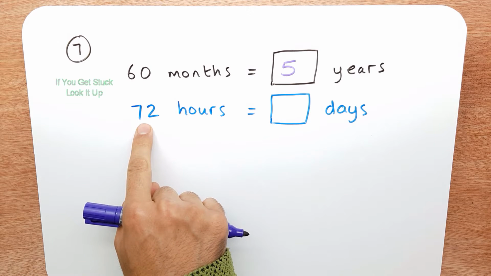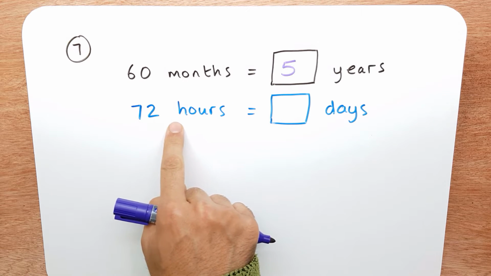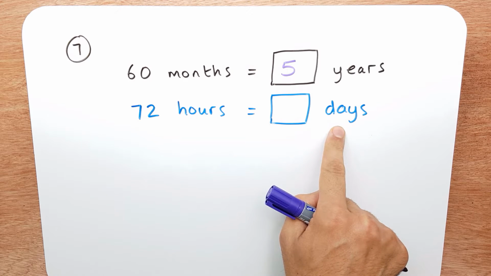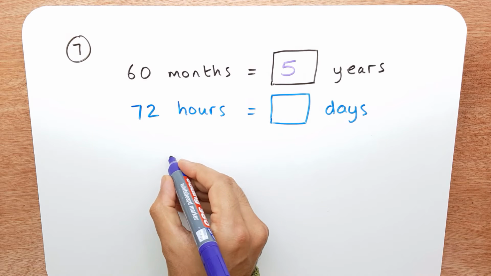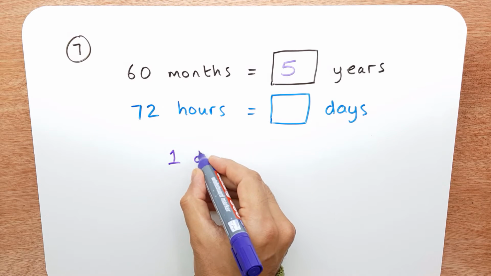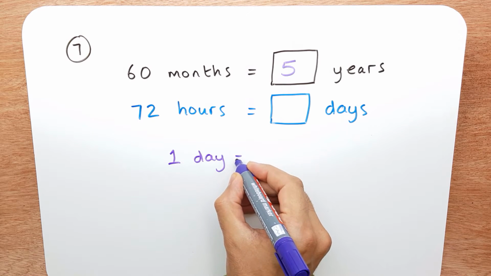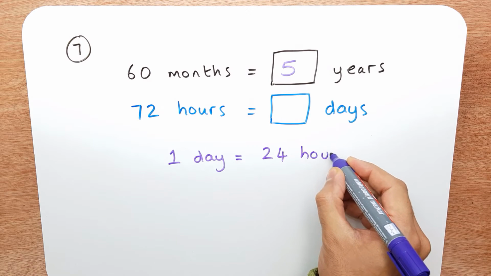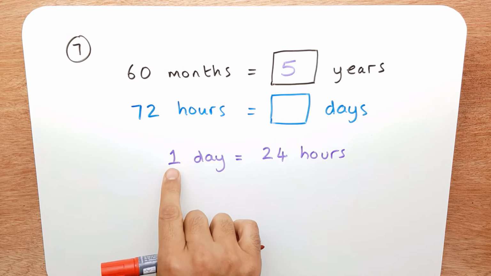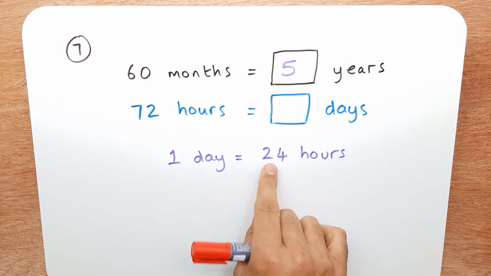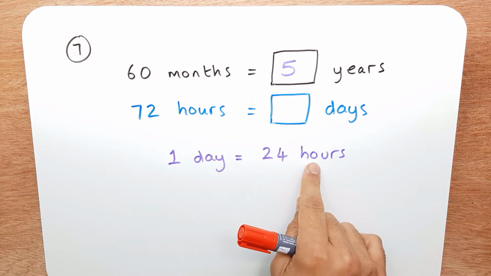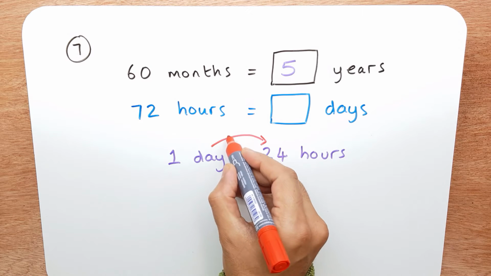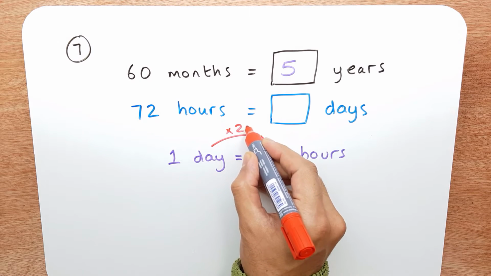The next part of the question is 72 hours equals how many days? And again, I know 1 day equals 24 hours. And if I look at the number 1 and the number 24, so if I want to go from a day to hours that way, I multiply by 24.